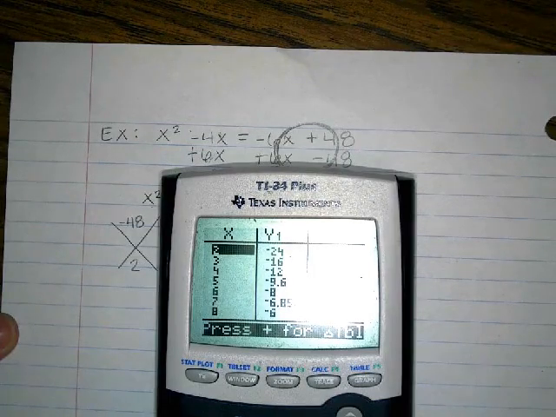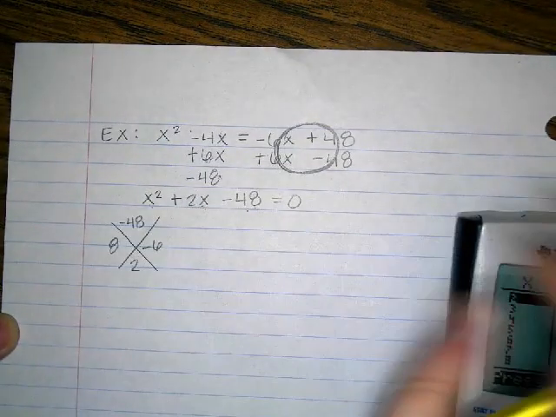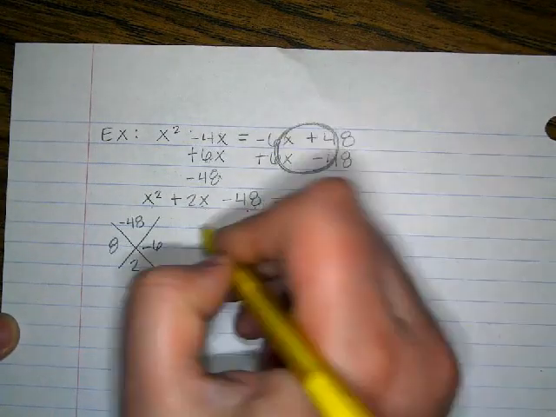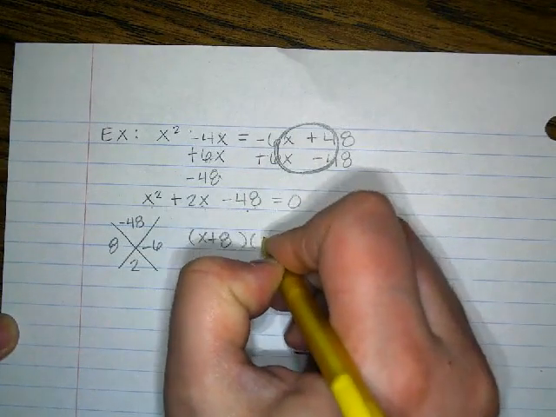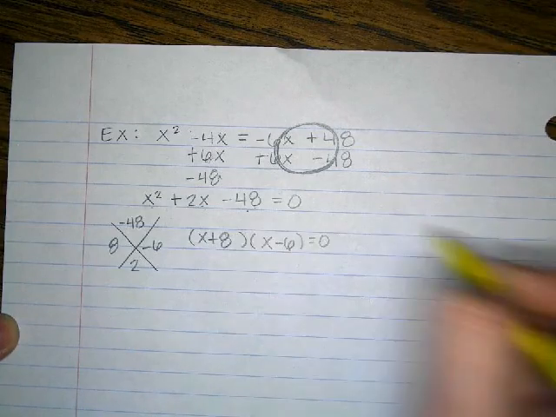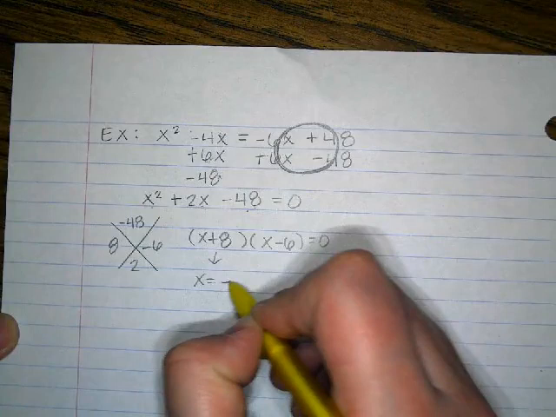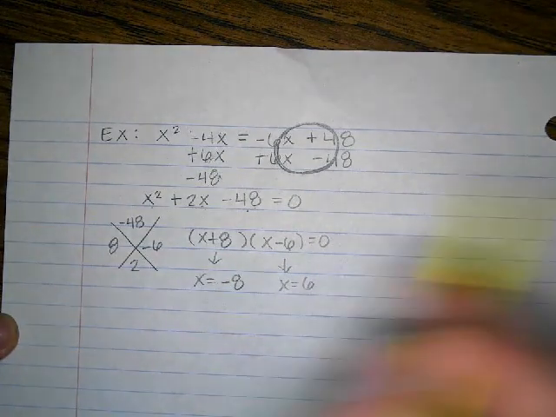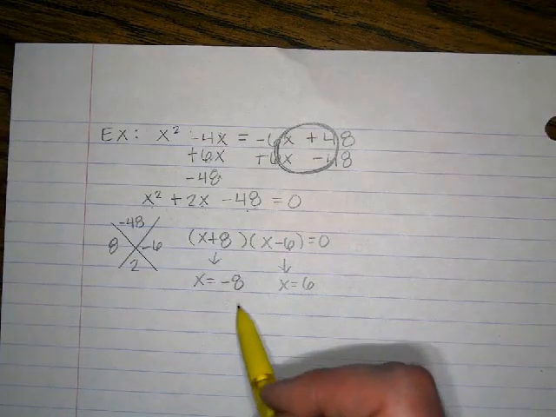Eight and negative 6. Okay, so what are the factors? And then the answer is going to be x equals negative 8 and then x equals 6. Once we write it in parentheses, we don't have to do the work to show the answer. We just know it's going to be opposite sign, opposite sign.